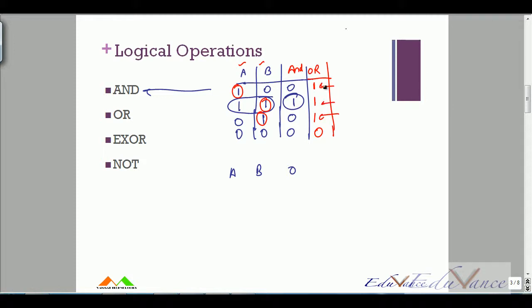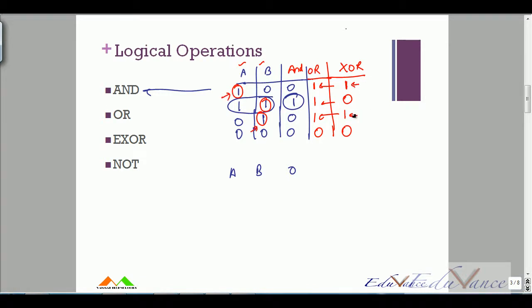That is the OR. And in XOR, if A is 1, B is 0, the output is 1. If A is 1, B is 1, the output is 0. If A is 0, B is 1, the output is 1. If A is 0, B is 0, the output is 0. So in effect, only when one of these inputs is 1, then my output is 1.